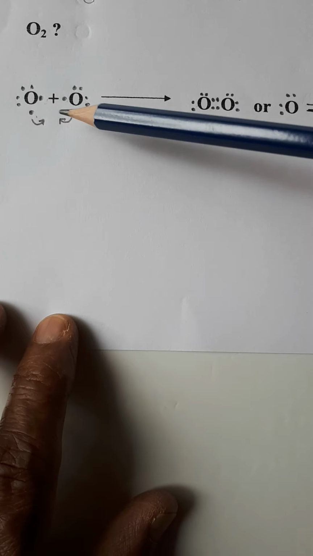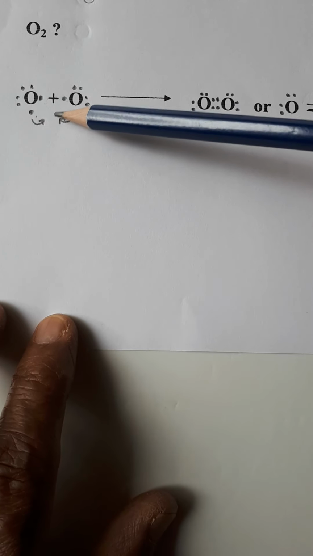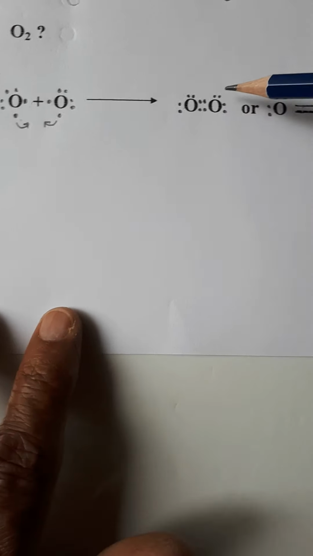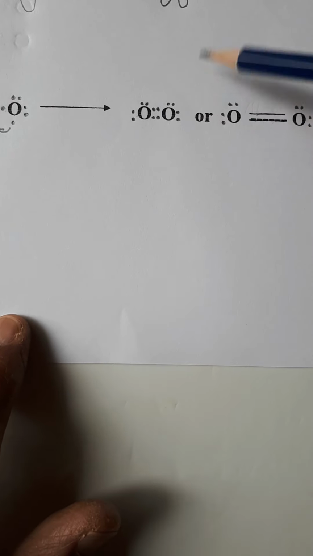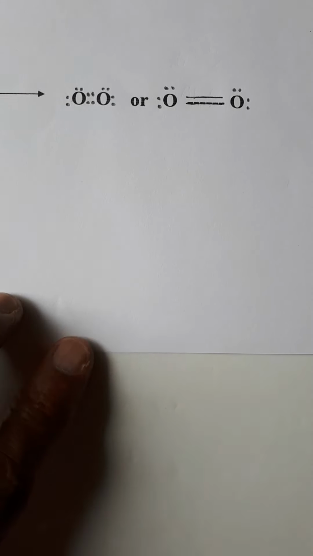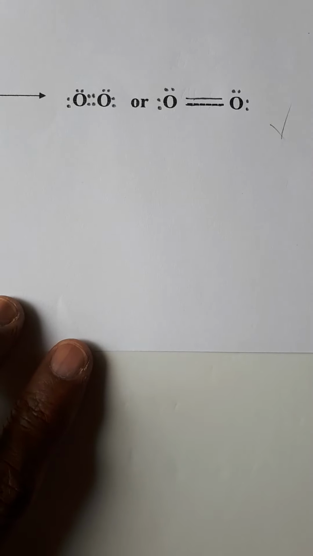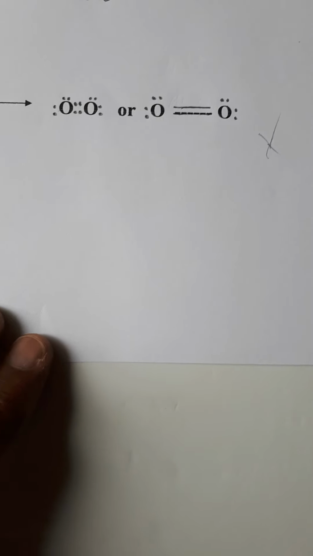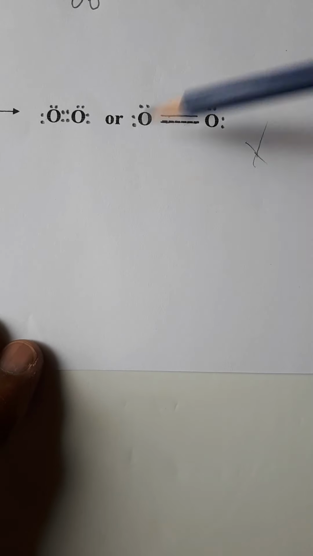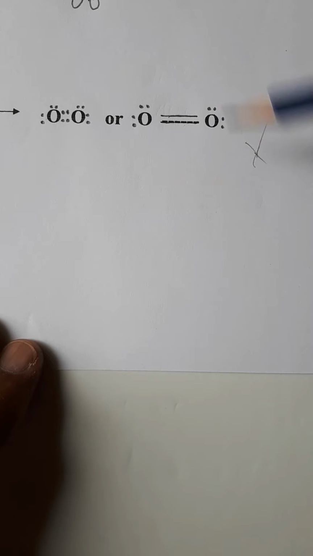Therefore, these 2 electrons also have to be shared, as in this one. So now we have 8 and 8. But I want to tell you finally, this is not the final structure, because when you go to advanced studies you will see that this is not perfectly correct. But you will see that in later lessons.